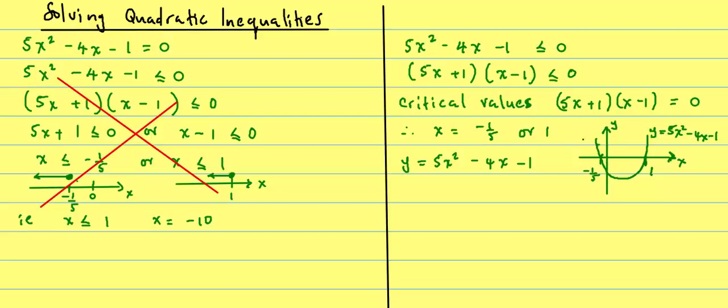So we are looking for values of y along the curve which are going to be less than 0. And I think you will agree with me that this is satisfied between minus a fifth and positive 1. The graph is below the x-axis as I start from minus a fifth all the way through until I get to positive 1.